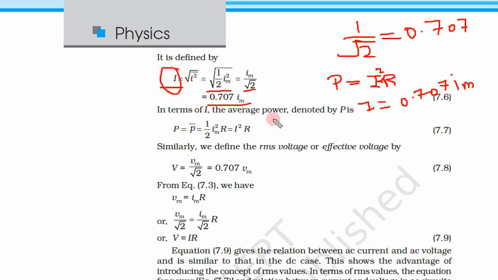Now putting in the formula of power, P is equal to average power, half Im square R, is equal to I square R. So again we get the formula as we defined for a DC circuit. So this effective current is 0.707 of maximum current.